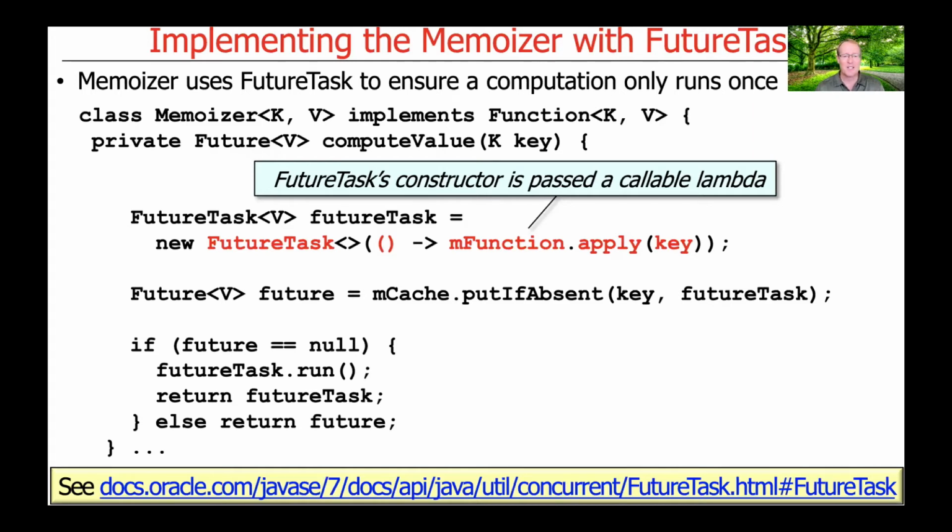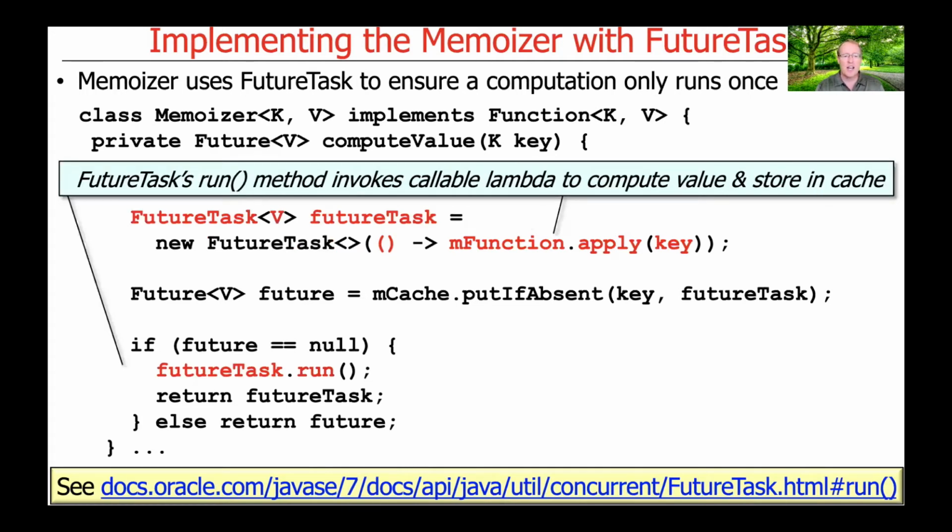The future task's constructor is going to take in a lambda expression that, when called by the future task in its run method, which we'll look at in a second, will go ahead and apply the function to the key. So what's being passed here is a callable lambda expression that, when called, will go ahead and apply the key and then do the computation and then return the result and basically stash it away.